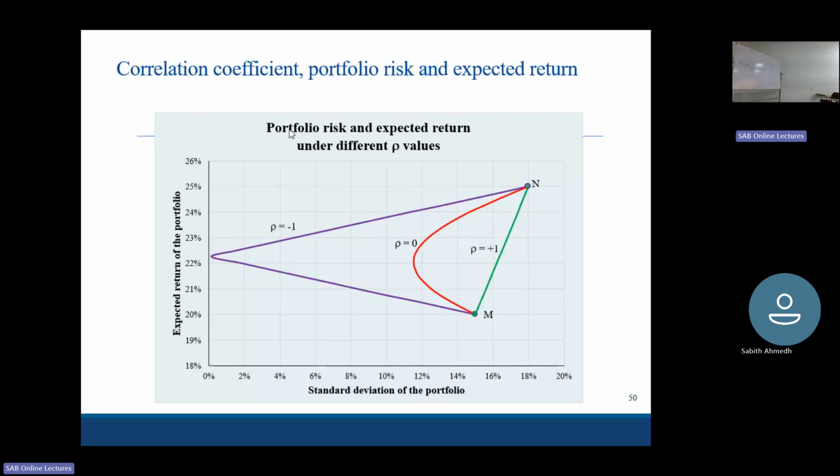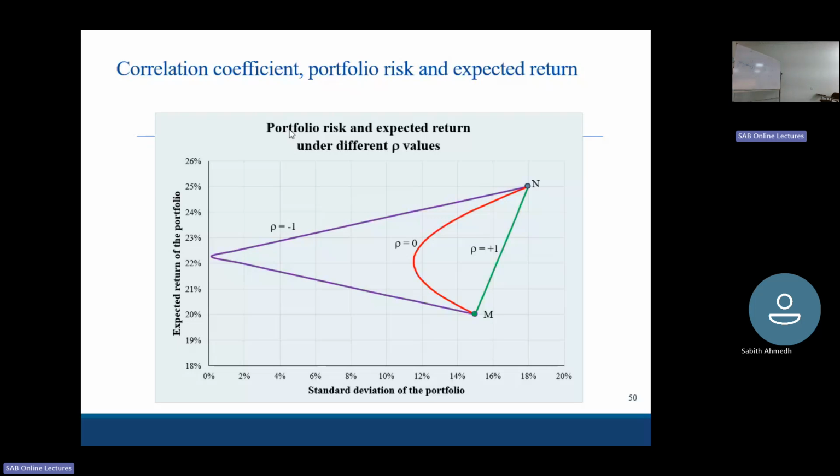It does not decrease beyond this. The risk decreases only to this level, because here the portfolio risk is on a straight line. Portfolio risk is moving on a straight line because of the weighted average standard deviation. When the correlation coefficient is equal to 1, portfolio risk is equal to the weighted average standard deviation value.